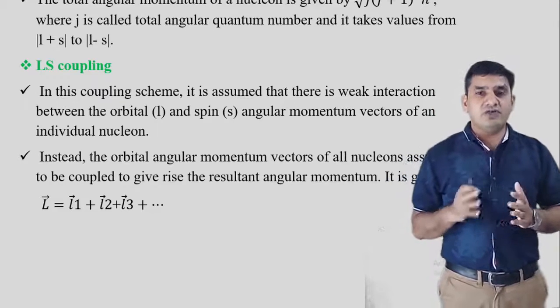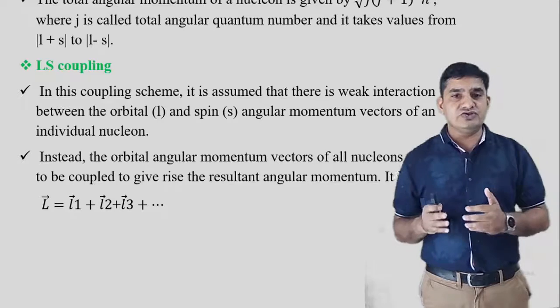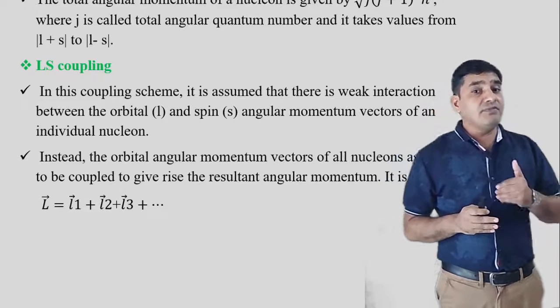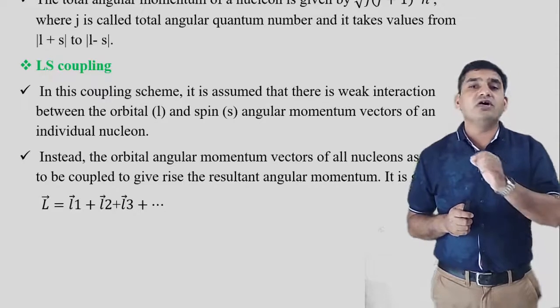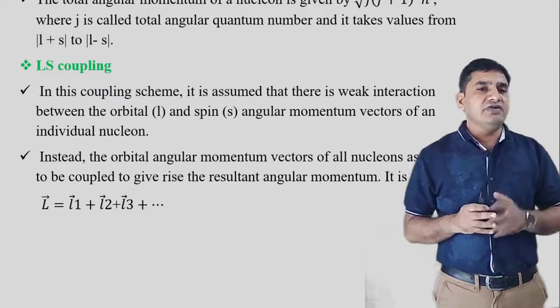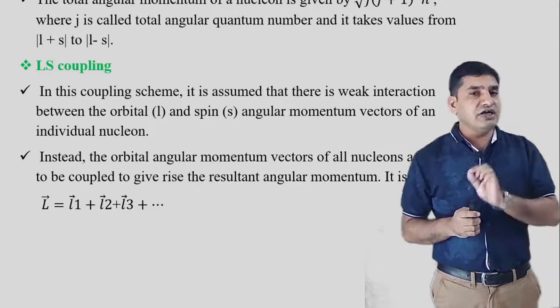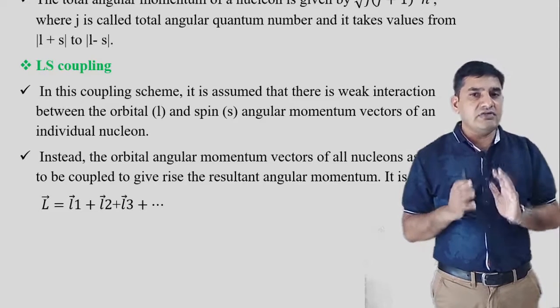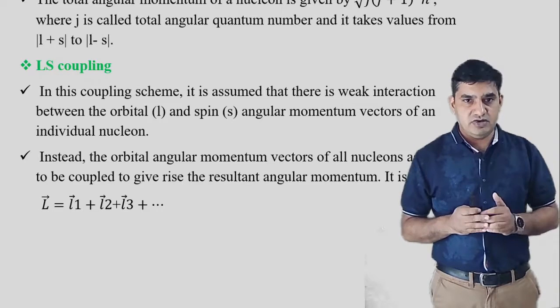Instead, the orbital angular momentum vectors of all nucleons are assumed to be coupled to give rise to a resultant angular momentum, and it is given by L bar equal to L1 bar plus L2 bar plus L3 bar, where L bar is the orbital quantum number.